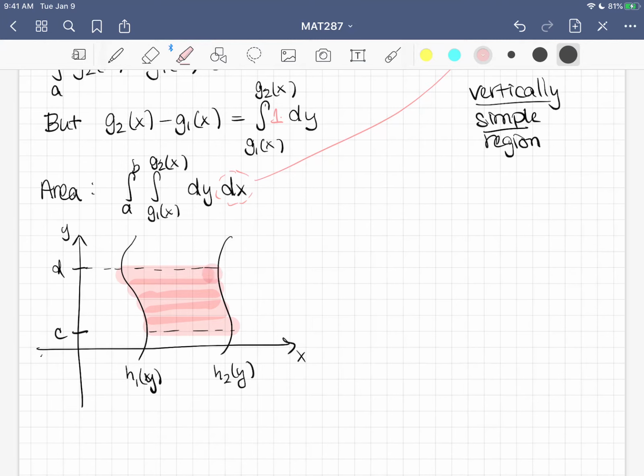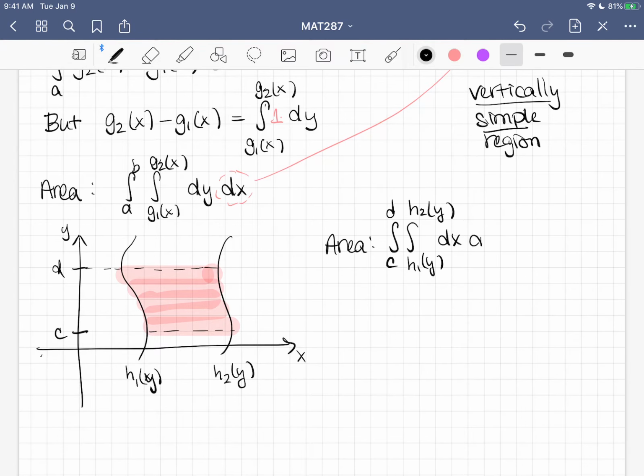Well, using a similar argument, I can find the area of the shaded region here as an iterated integral from C to D, and then from h1 of y to h2 of y, where I integrate first with respect to x and then with respect to y.